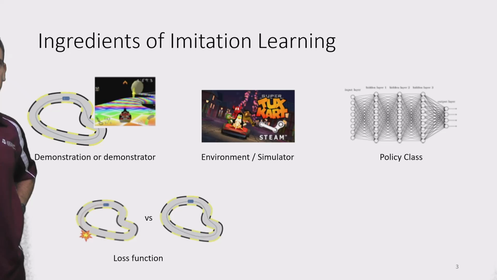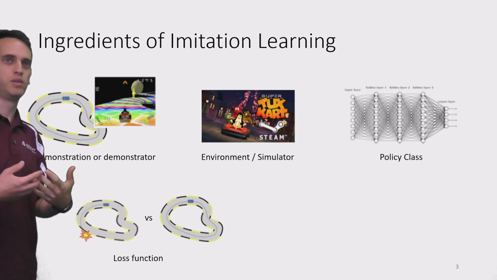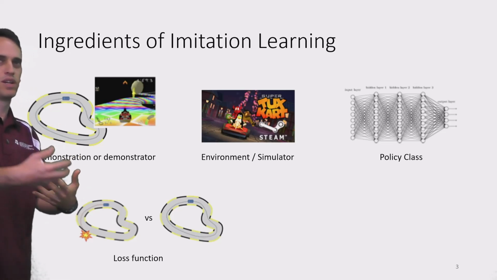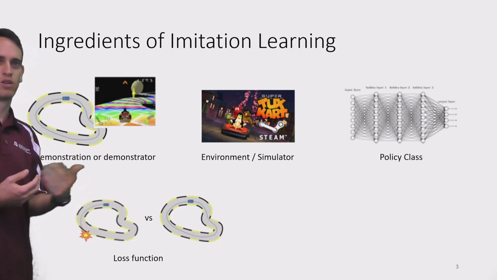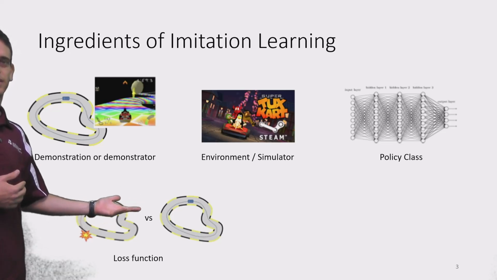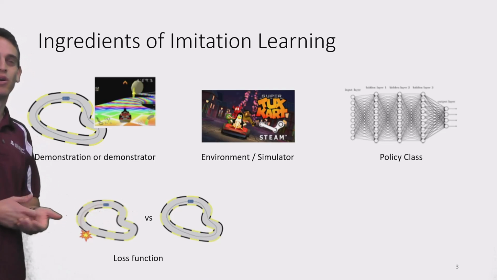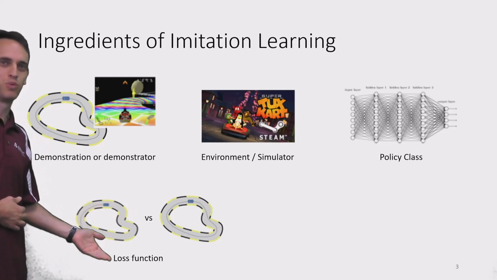Then we'll need to define a loss function. What does it mean to imitate the demonstrator more closely and less so, right? The loss function can tell us how good we are at imitating the demonstrator. More than that, what will we need to compute with respect to the loss function? The gradient.